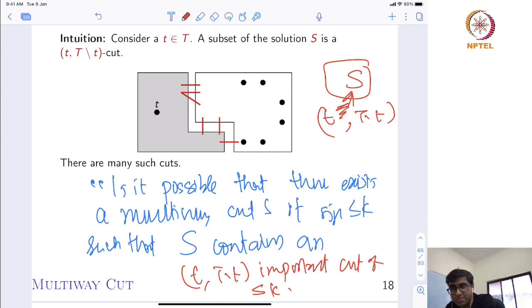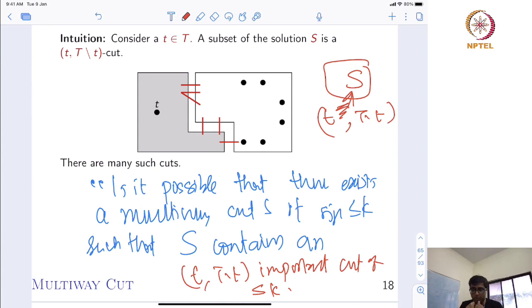Because if we have this, then we can enumerate each of these cuts, delete the solution, and in the remaining graph try to separate those pairs of terminals which are not yet separated. Every time we have to pay something, so the depth will decrease by 1 each time, and since the branching factor is upper bounded by 4 to the power k, this will lead to a 4 to the power k squared algorithm, but still this will be an FPT algorithm.